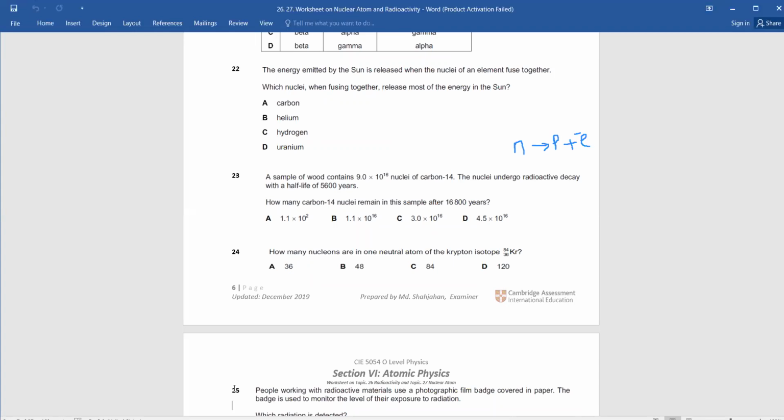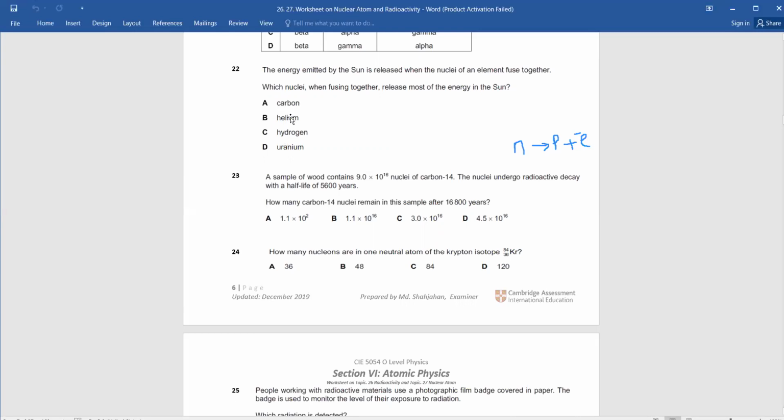Wait, sir, previous one যাই কি? আপনি বললেন না হাইড্রোজেন? Yes, yes. হাইড্রোজেন কেন? You have hydrogen, you have deuterium. Yeah, in our notes you got it right.